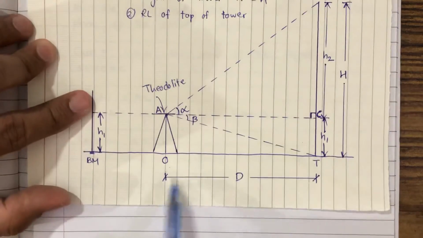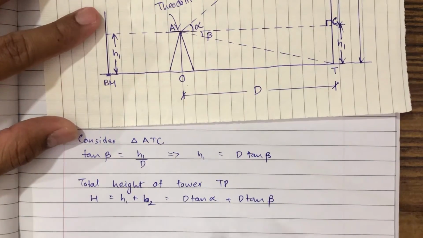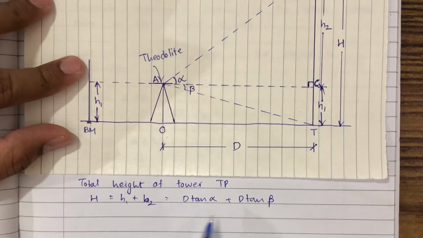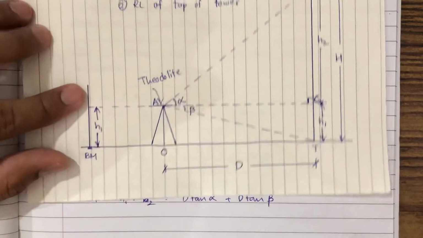We know this distance D, and we know the angles alpha and beta, so we can find the total height H. So this height has been found out.